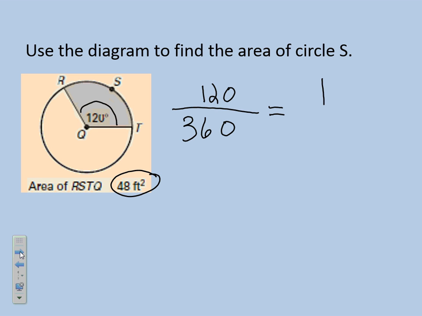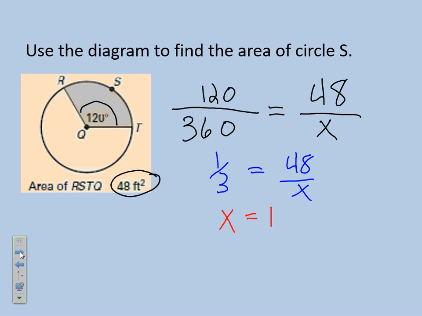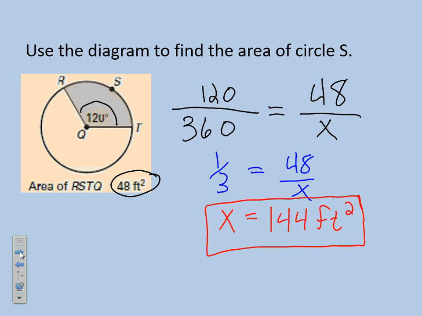So I'm going to have 48 over X because I need to find the area of the circle. I'm going to simplify this first, so I get 1/3 equals 48 over X. Cross multiply, and I get X equals 144 feet squared. So there's my answer. That's the area of my whole circle.